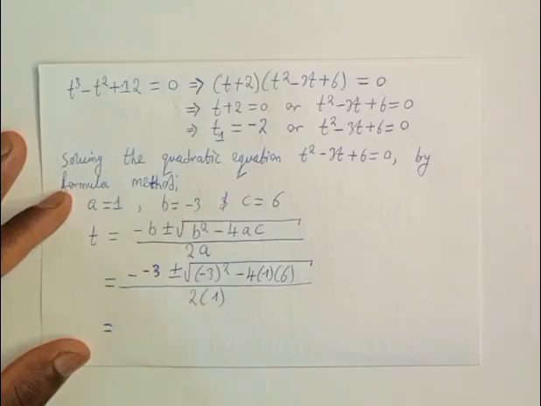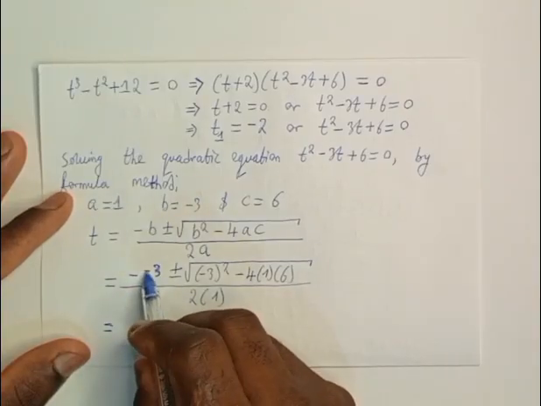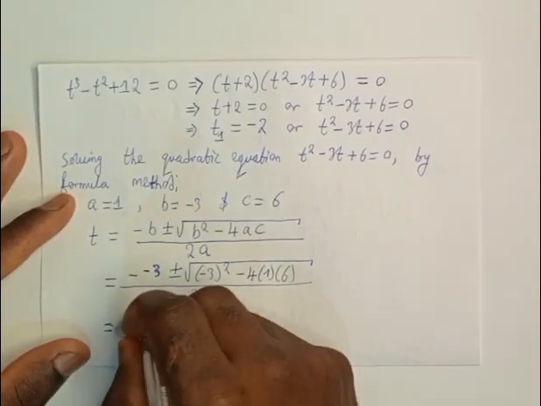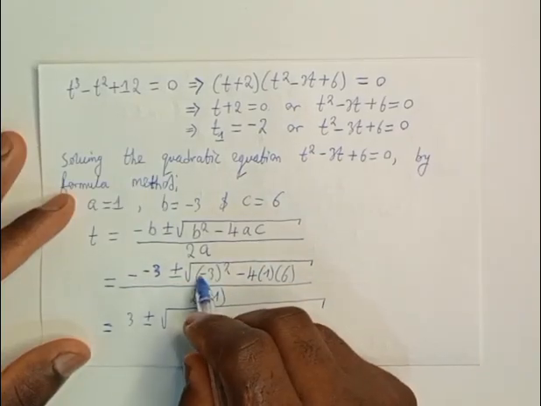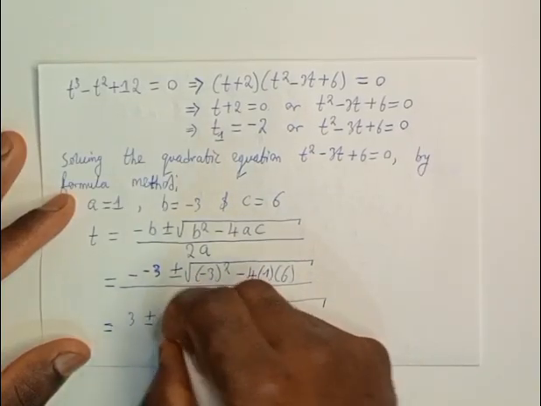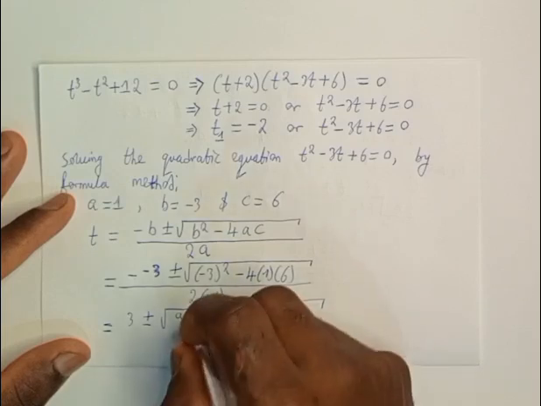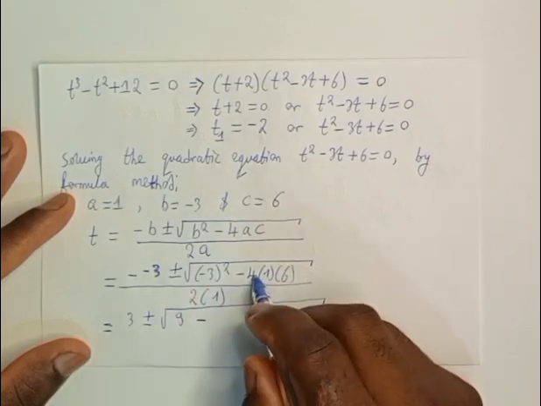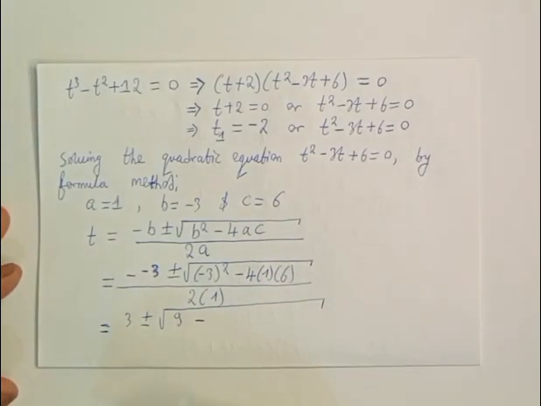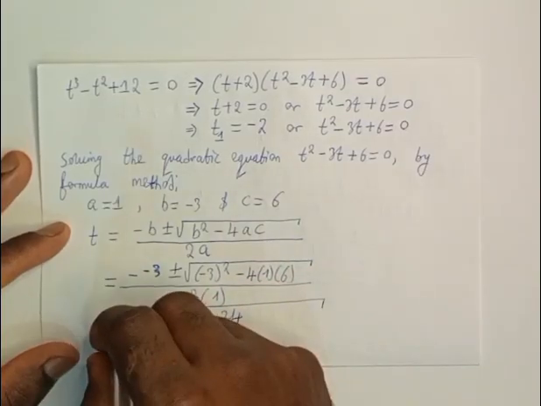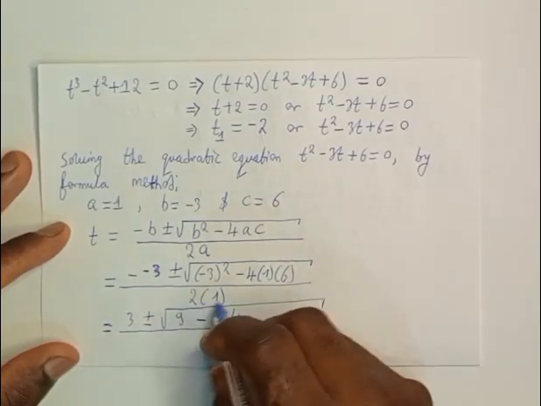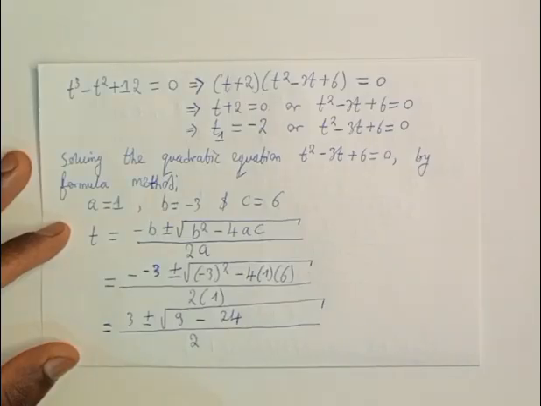Next we have to simplify. Negative 1 times negative 3 gives us positive 3, plus or minus the square root of negative 3 squared gives us 9, minus 4 times 1 gives us 4, 4 times 6 gives us 24. We divide all this by 2 times 1, which is 2.